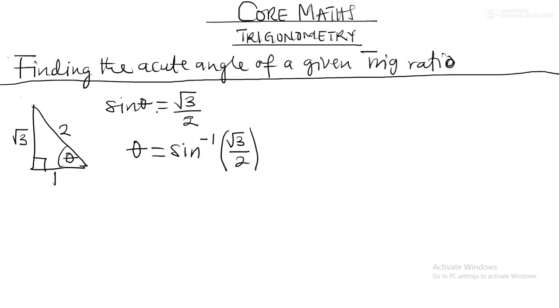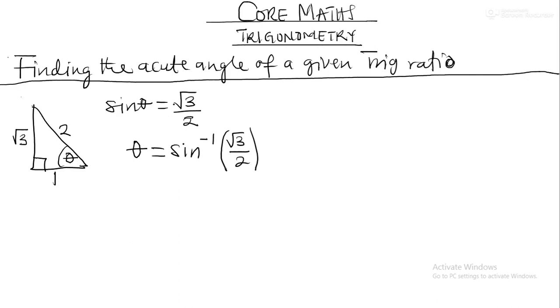What sine theta equals root 3 on 2 means is that there is an angle, and when you find its sine, it gives you a ratio of root 3 on 2. Now I want to find that angle. To find the angle, you have to find the sine inverse of the ratio.